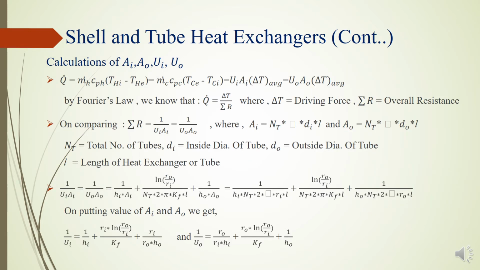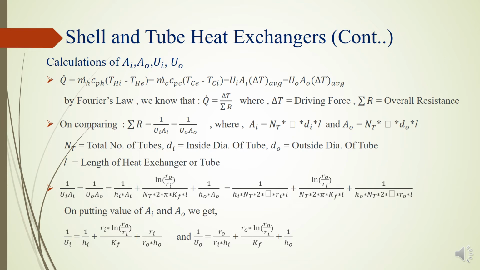Further, we have to calculate Ai, A naught, Ui, and U naught. This rate law equation, as we have seen earlier, can be compared with Fourier's law, as we know that Q dot is equal to delta T by summation R, where delta T is the driving force, in this case the temperature difference, and summation R is the overall resistance.